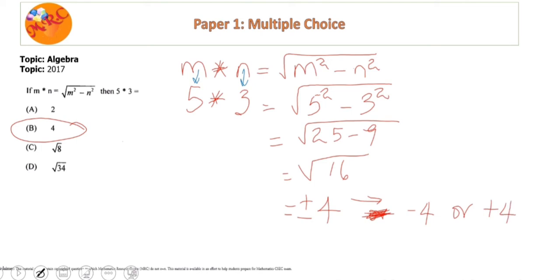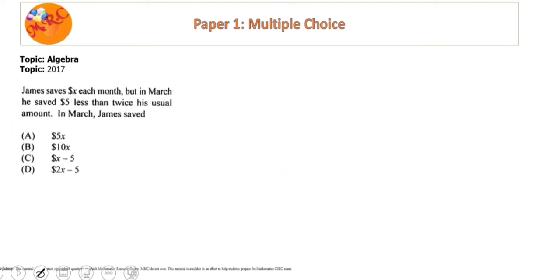Alright? So that's it. James saves x dollars each month, but in March he saved $5 less than twice his usual amount. In March, James saved, so every month James saves x dollars, right? In March, he saved $5 less than twice his usual amount.